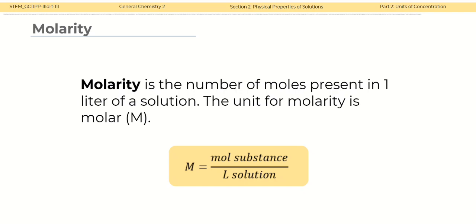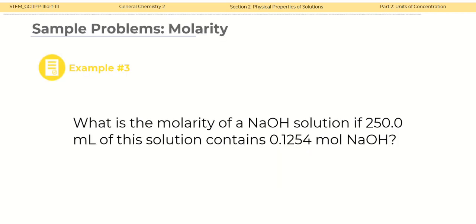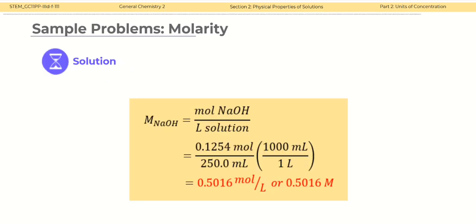Molarity. Molarity is the number of moles present in 1 liter of a solution. The unit for molarity is molar. Example number 3. What is the molarity of a sodium hydroxide solution if 250.0 milliliters of this solution contains 0.1254 moles sodium hydroxide? Solution.